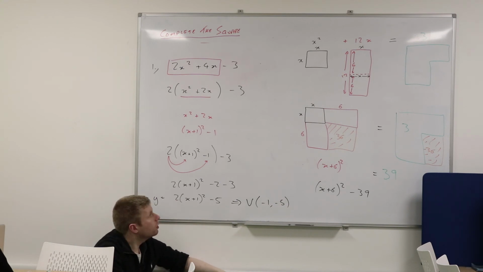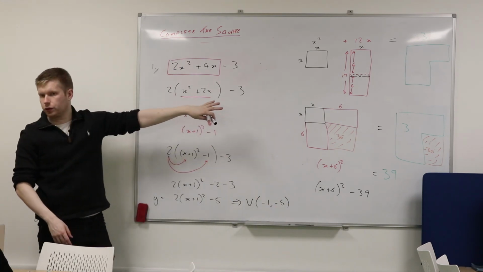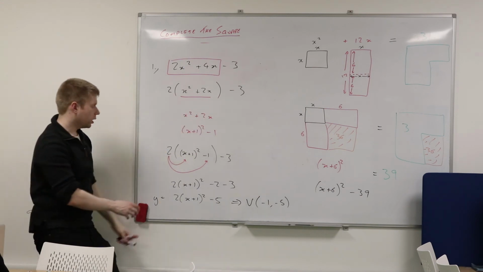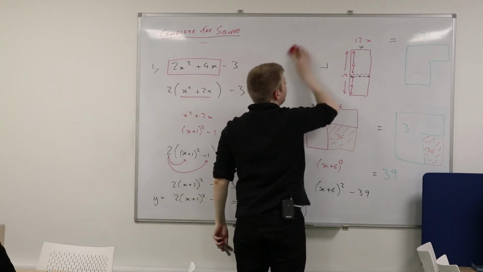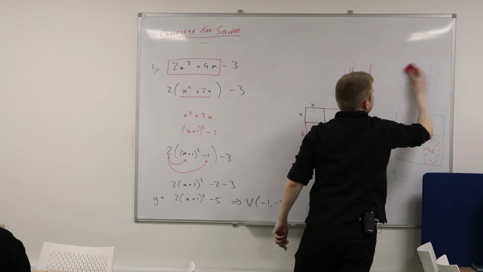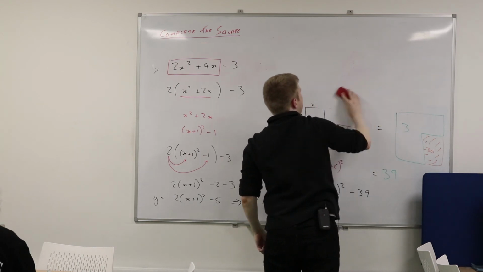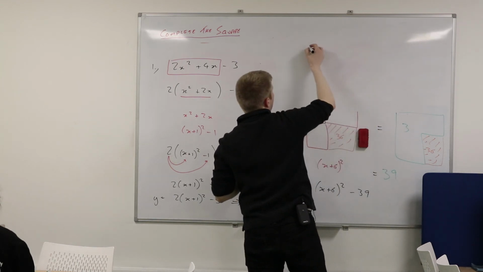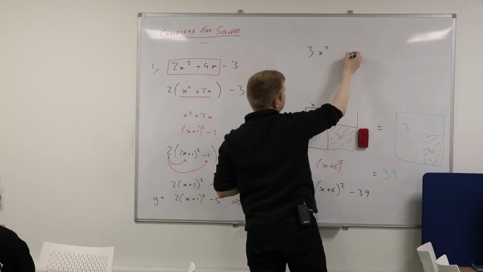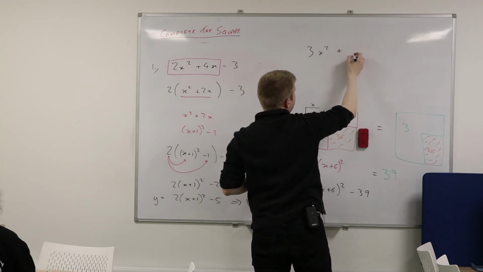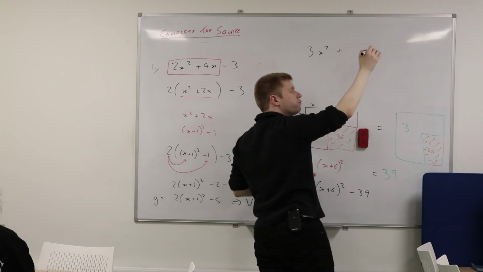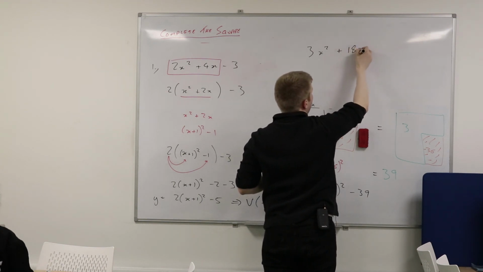Yeah? Good, excellent. Has everyone finished with that thing on the right hand side? Can I rub it off? Okay. In which case then, could you have a go at this one here for me? Let's try 3x squared plus 18x plus 2.